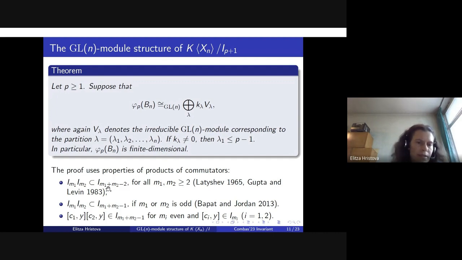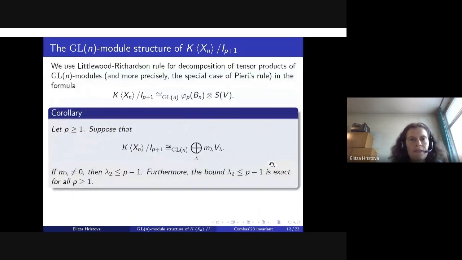So these are basically three important properties that we use in order to show this restriction on the values of lambda. And once we have it, as we said, we use this decomposition given by Drensky, and we use branching rules in order to find the GL_n module structure of the left side.